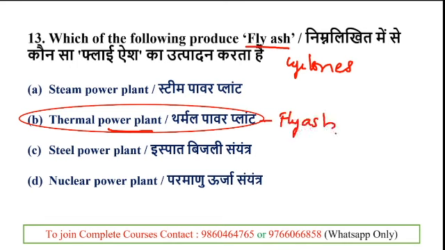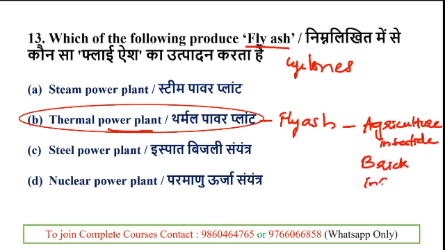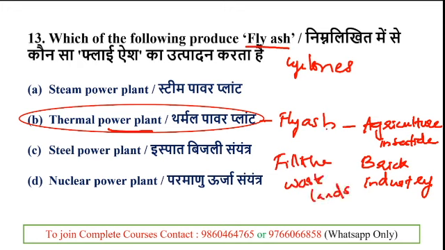So the fly ash is used for many purposes: for agriculture as organic or other insecticide, and in the brick industry we can see the usage of fly ash, and to fill the wastelands. So these are the usages related with the fly ash.